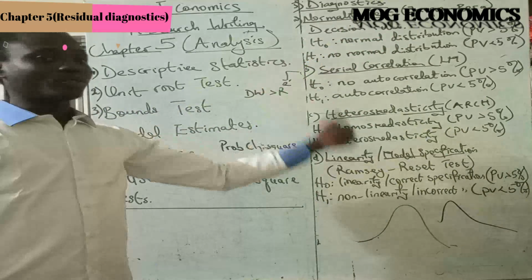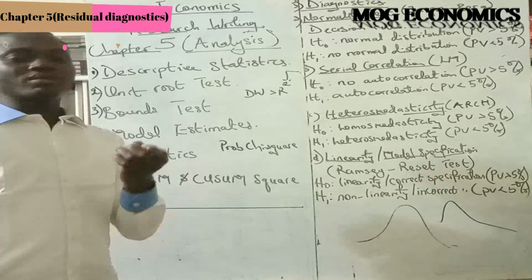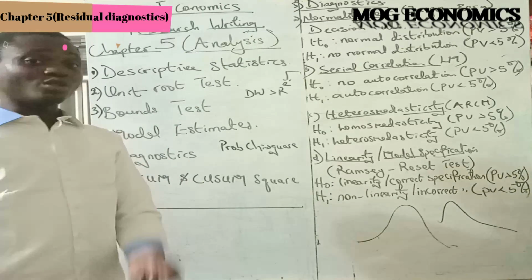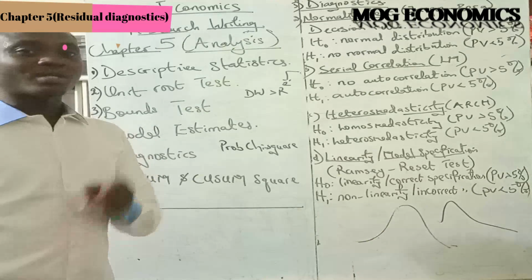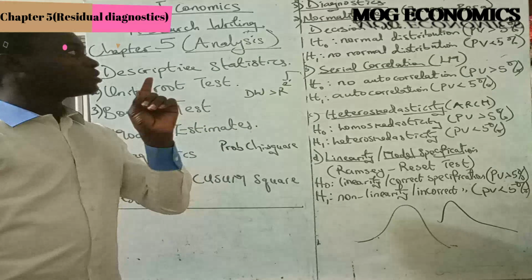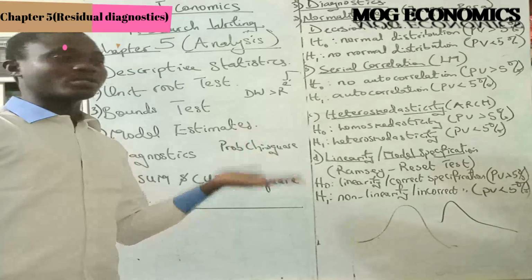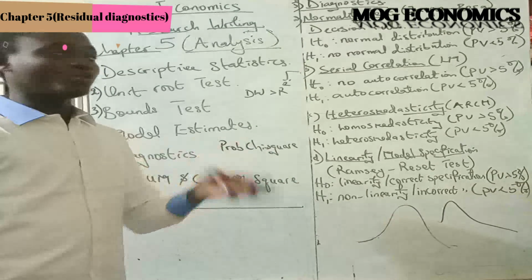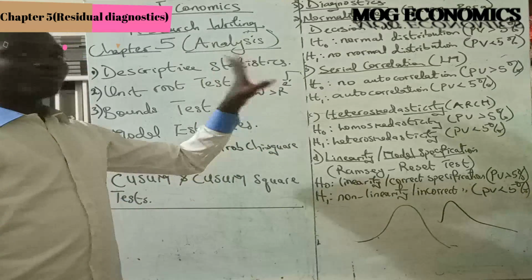So you look at the Jarque-Bera statistic, then the p-value. If the p-value is greater than 5%, it is not statistically significant, and as a result your residuals are normally distributed, and we fail to reject the null hypothesis. So you are done with that.